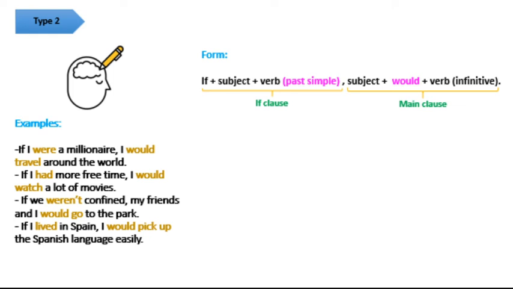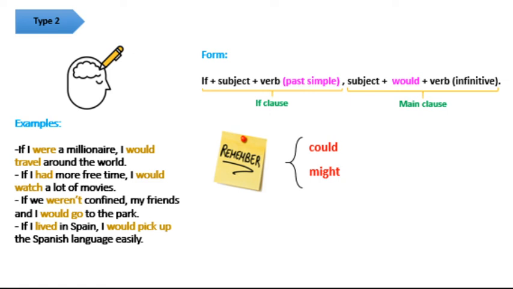As you can see, were, had, lived, etc. In the main clause we have subject plus would plus verb in the base form or the infinitive form. Would travel, would watch, would go, would pick. And remember, we can also use could and might in the main clause.